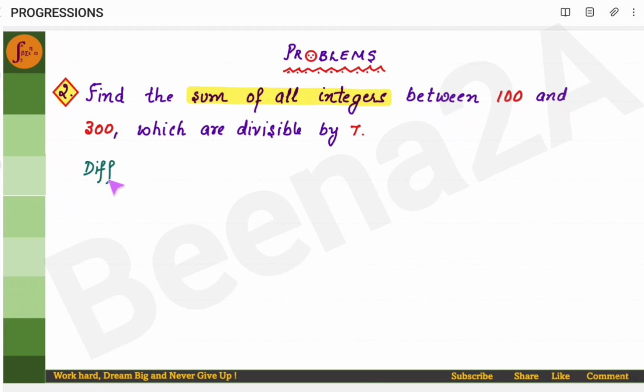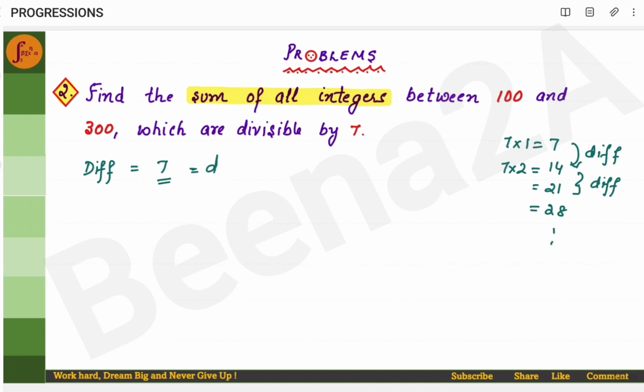The difference is 7, because in the 7 tables, the difference between every number is 7. 7 into 1 is 7, 7 into 2 is 14, 21, 28. So every number, the difference is 7, right? So D is 7.